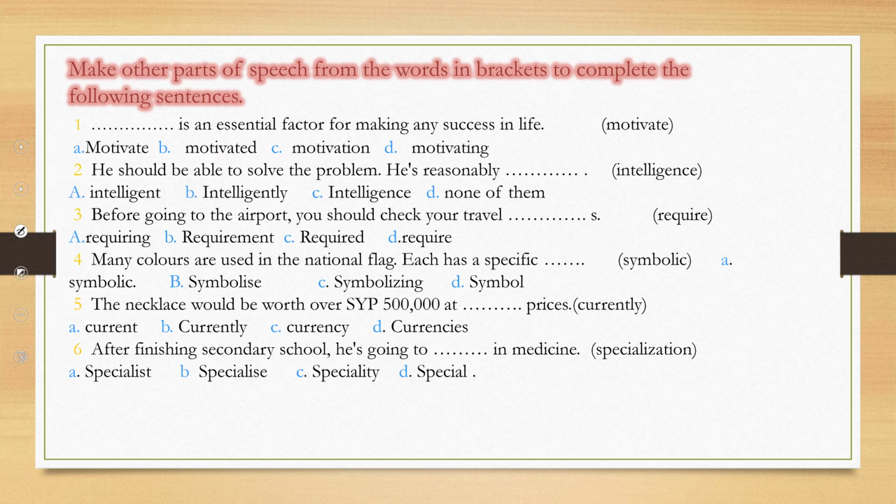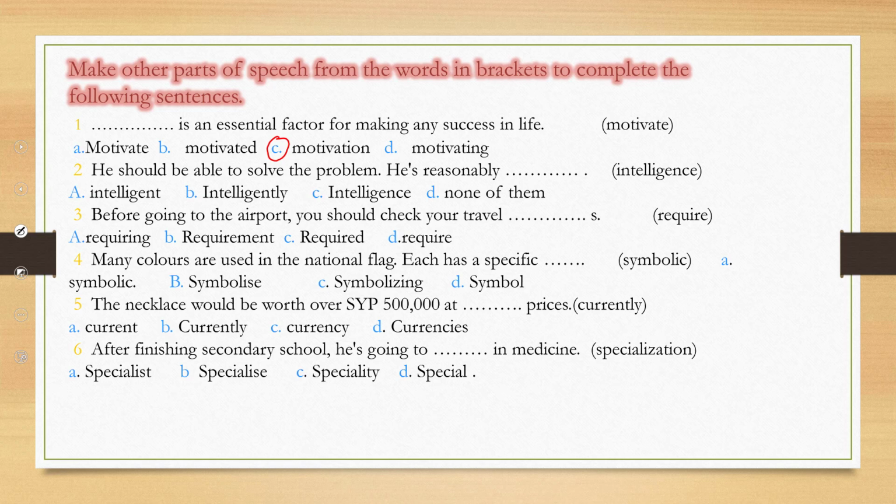We have the sentence: blank is an essential factor for making any success in life. Motivate, motivated, motivation, and motivating. Of course, it should be motivation is an essential factor for making any success in life. Number 2, he should be able to solve the problem.